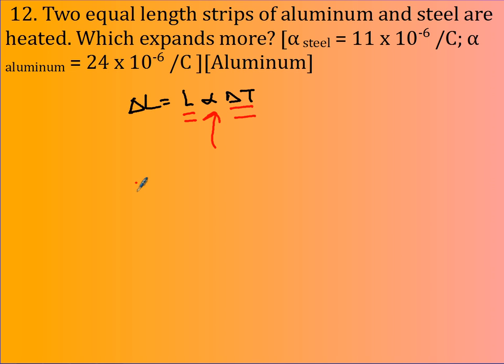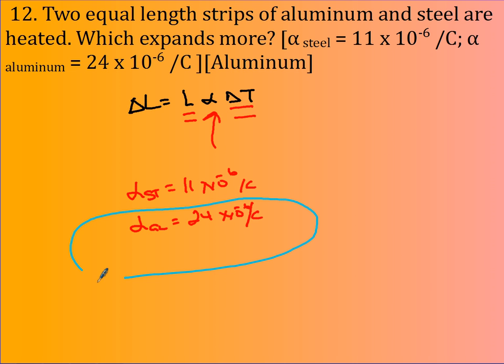Alpha for steel is 11 times 10 to the negative 6 per Celsius, and alpha for aluminum is 24 times 10 to the negative 6 per Celsius. So which one's going to expand more? Clearly, the aluminum, because alpha is larger.